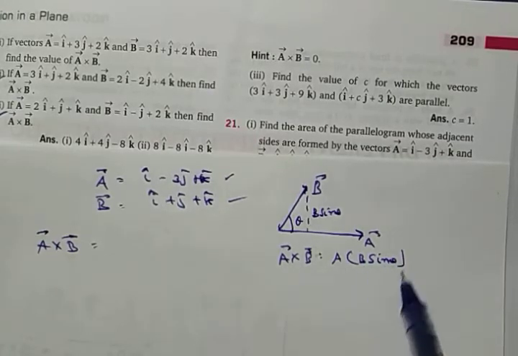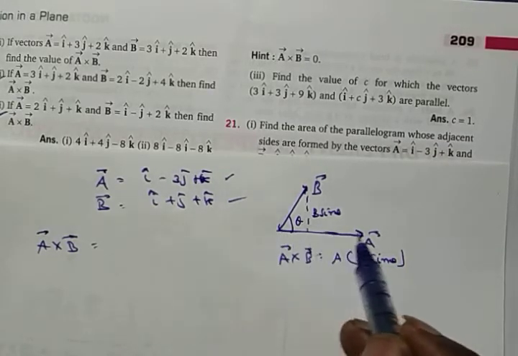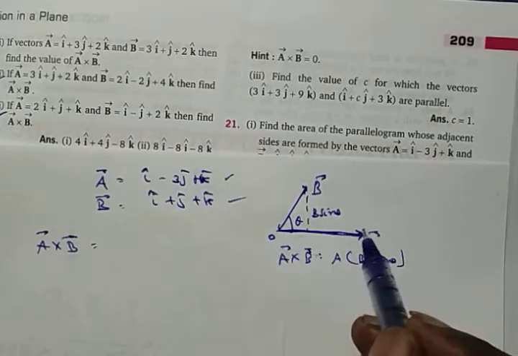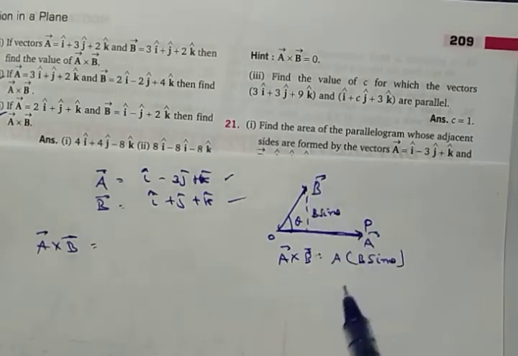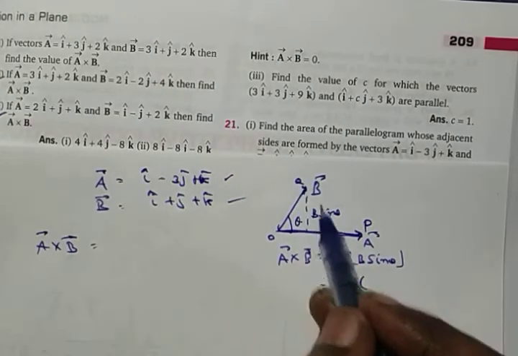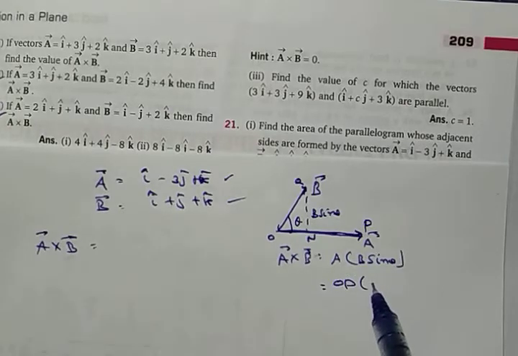This is AB sine theta. What is the A vector? It is the base here, maybe this is O, this is P, and this is OP here, and this is Q and N, so it is going to be QN.